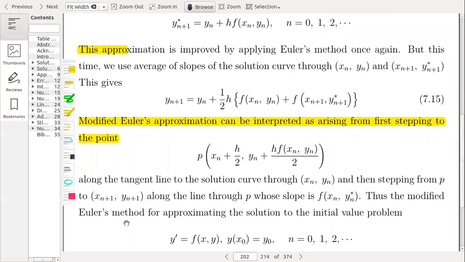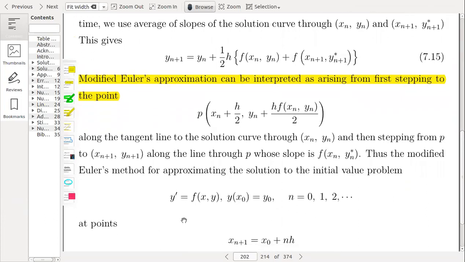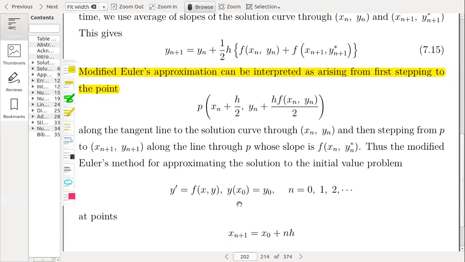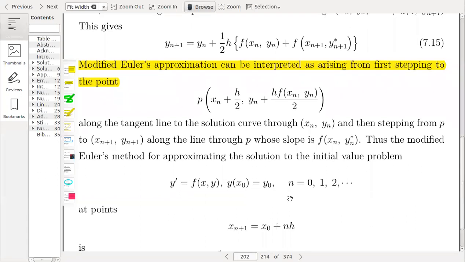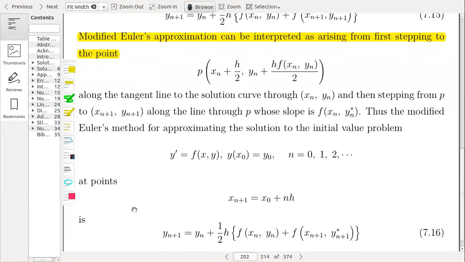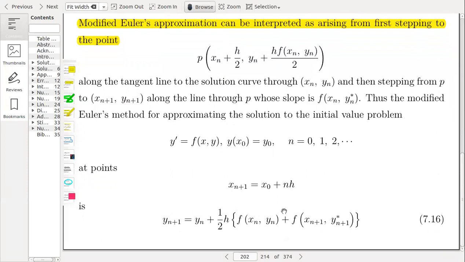Thus the modified Euler's method for approximating the solution to the initial value problem. So here we can write dy by dx, or derivative of y, is equal to a function of x and y, where the initial condition is y at x naught is equal to y naught, for n is equal to 0, 1, 2, and so on, at the points xn plus 1 is equal to x naught plus nh.